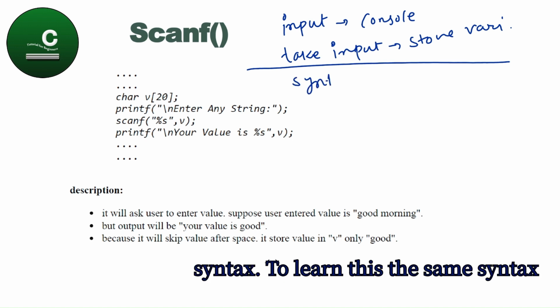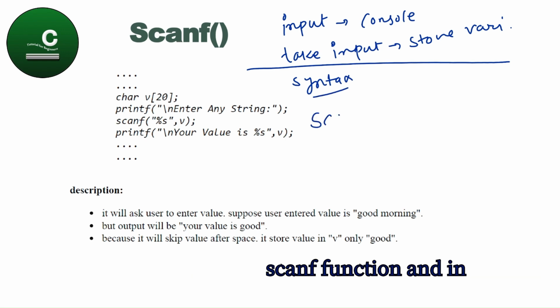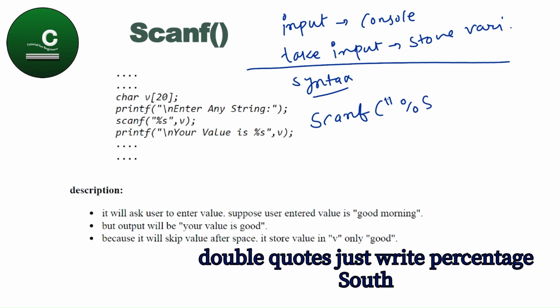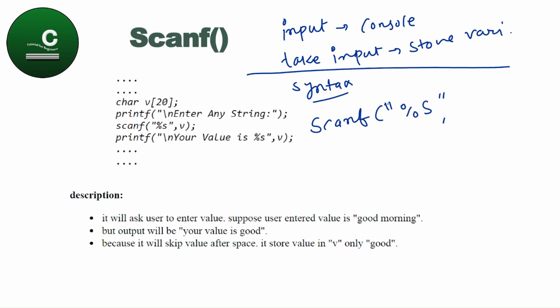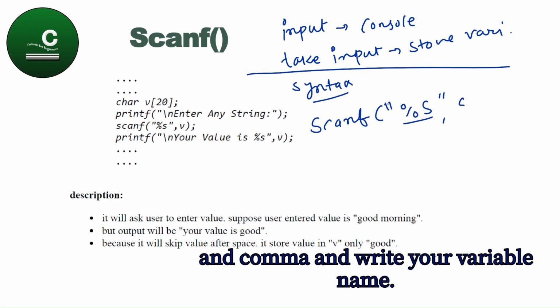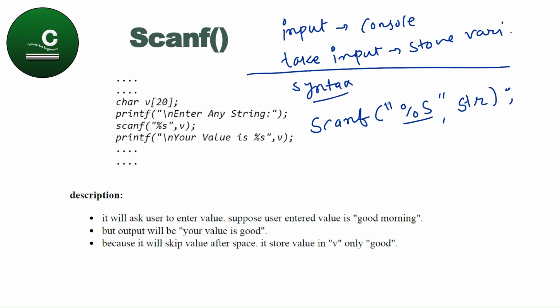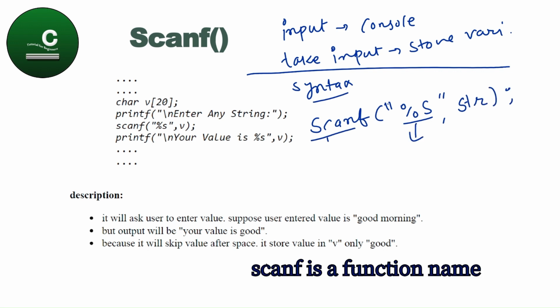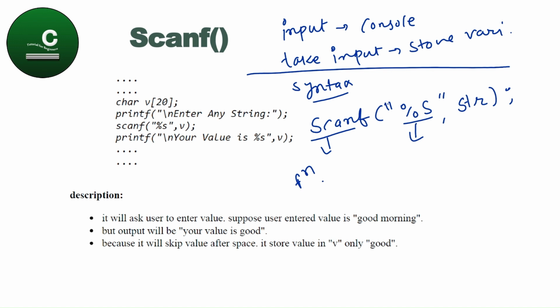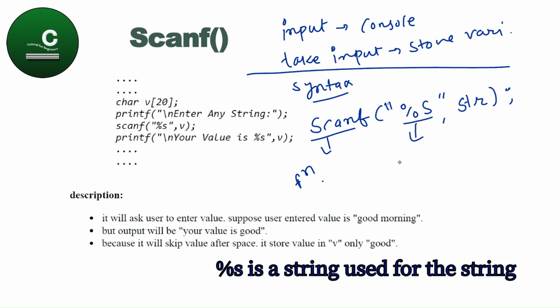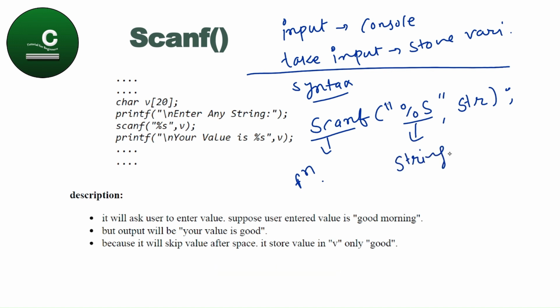The syntax is the scanf function, and in double quotes write %s, then a comma and your variable name. Scanf is the function name, %s is the format specifier used for the string value, and str is the string name.